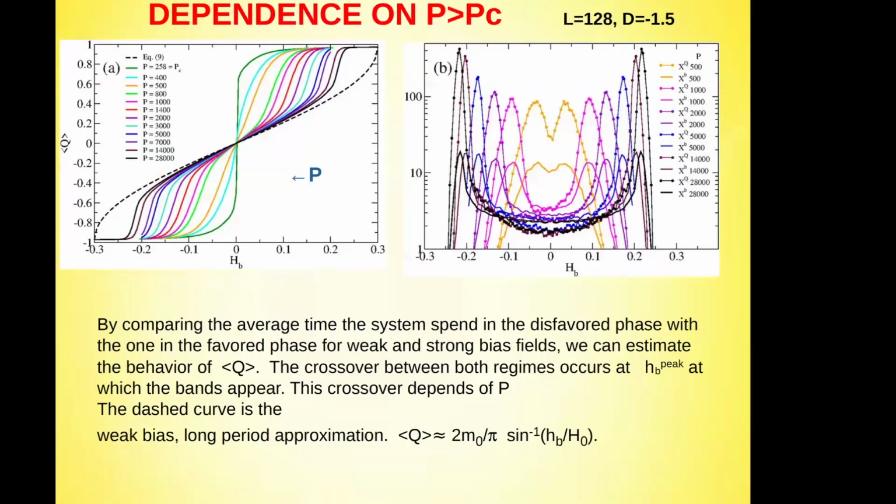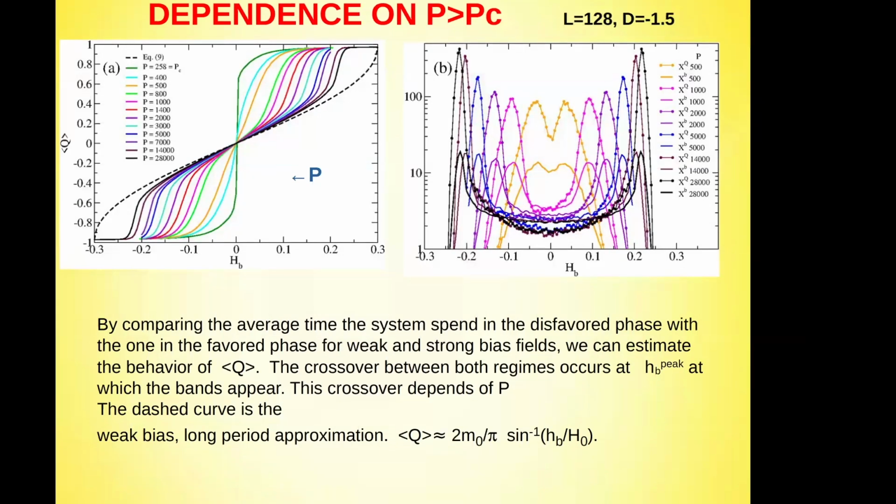Okay, now let's see what happens with the dependence on the critical period. We plot there the order parameter with respect to the critical period, and here we have the side bands, the susceptibilities. There is a huge peak at HB equals 0. We didn't plot it because it would make the figure very hard to see.